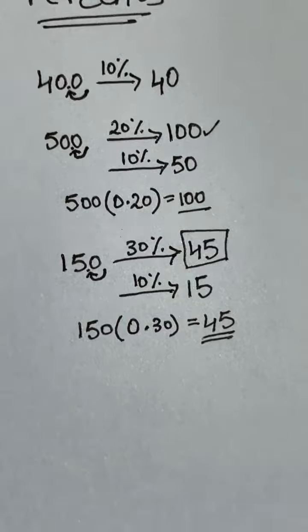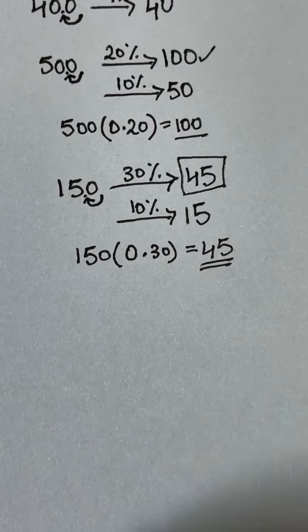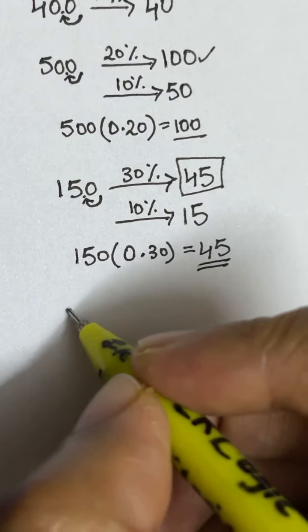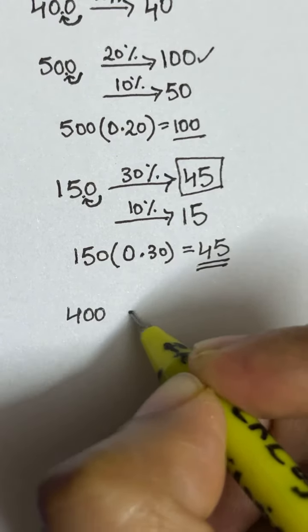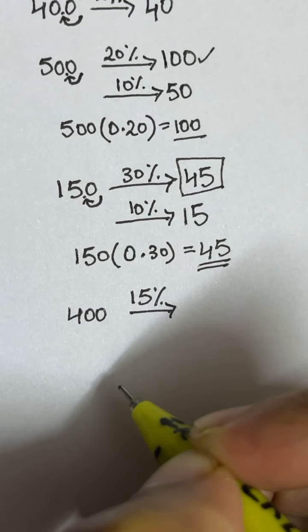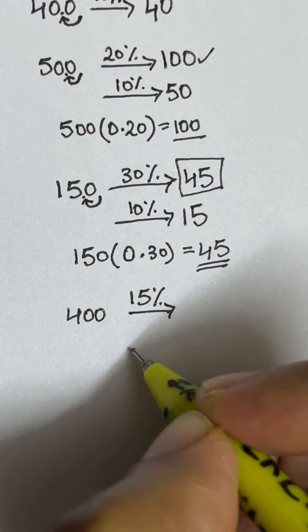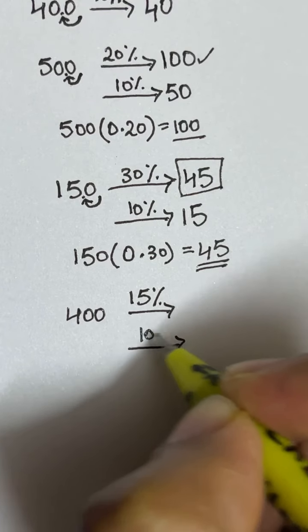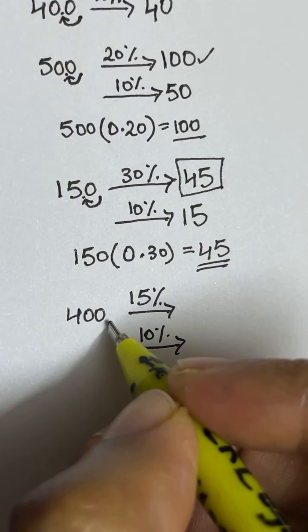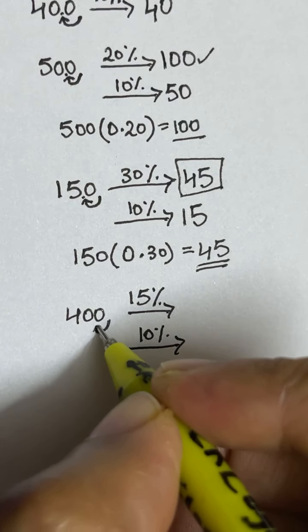Okay, let's see another example. Suppose you have to find 15% of 400. What are you going to do first? You're going to find out 10% of 400 first. And 10%, as I already told you, just take the decimal towards the right side and move one slot towards the left.